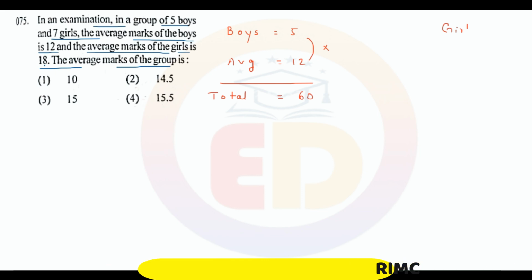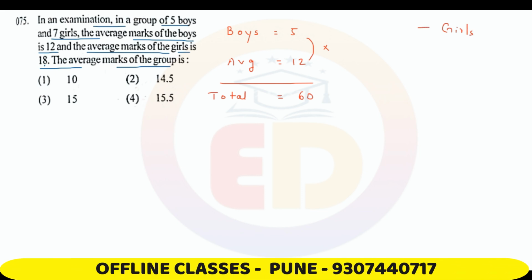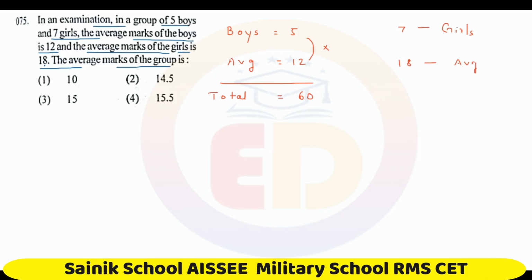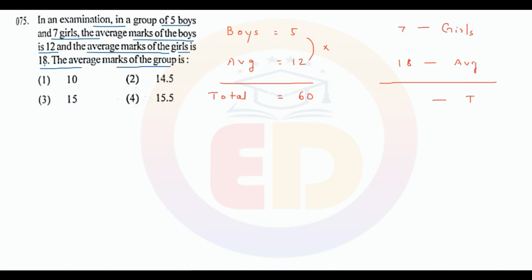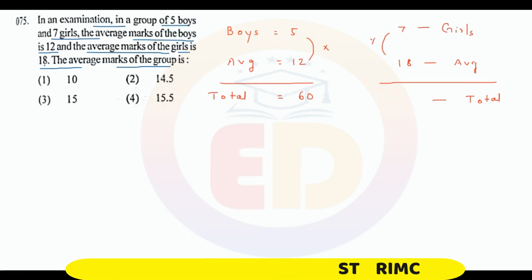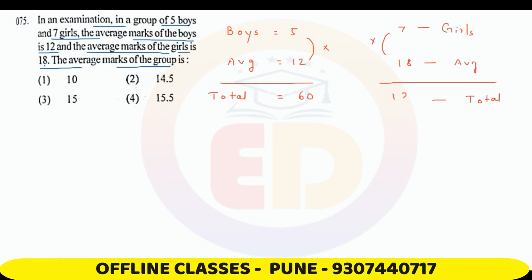Similarly, girls are 7 and their average is 18. To find out the total marks of girls, you multiply number of girls with their average. 18 sevens are 126. Now they are asking the average of the whole group.